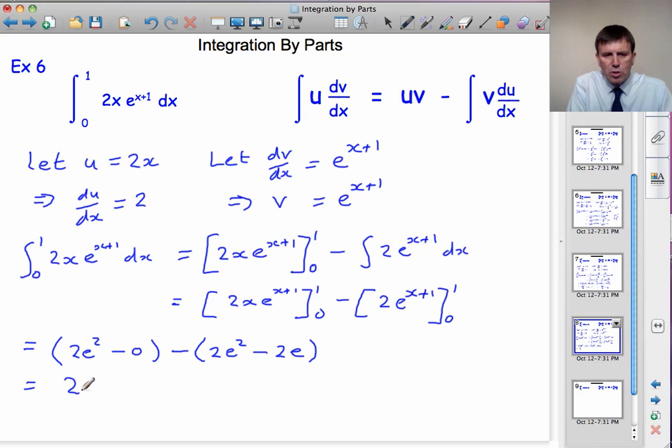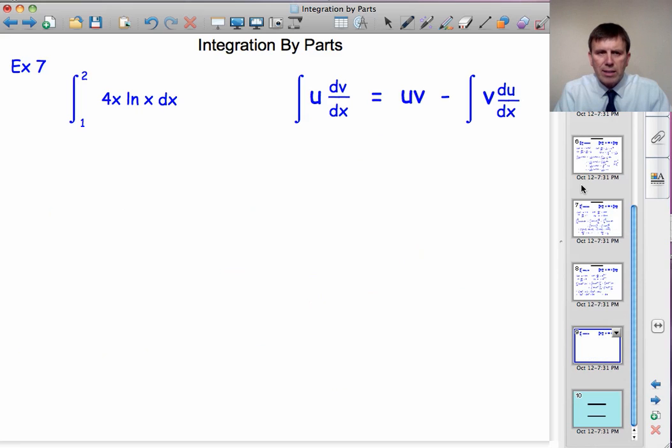Simplifying this, we get 2e squared in the first bracket, minus 2e squared, minus 2e is plus 2e. And we can see that the 2e squareds cancel to give a final answer of 2e. And that concludes example 6.